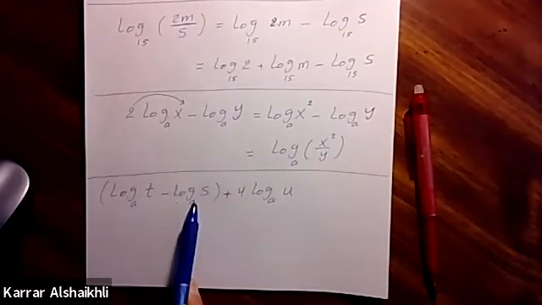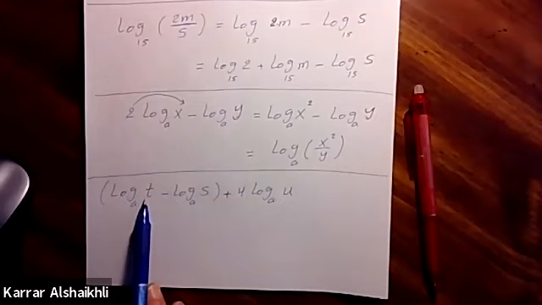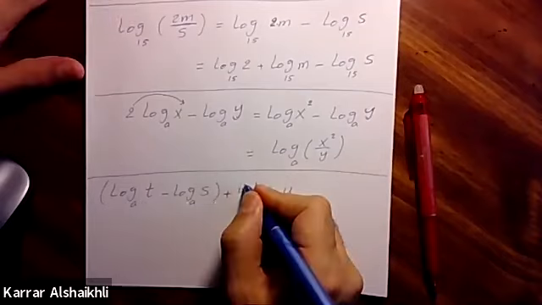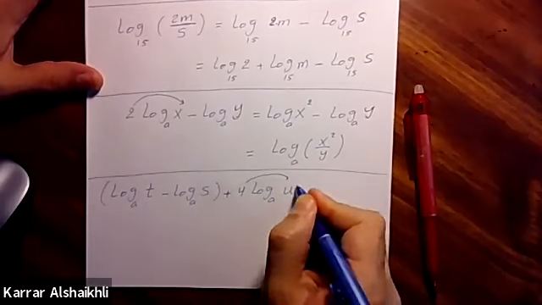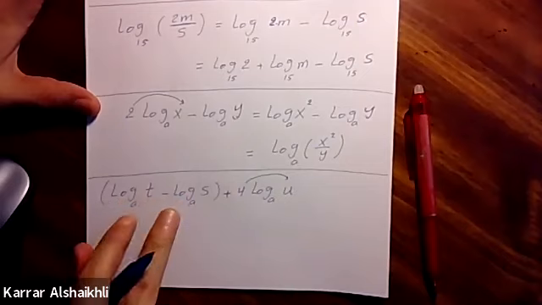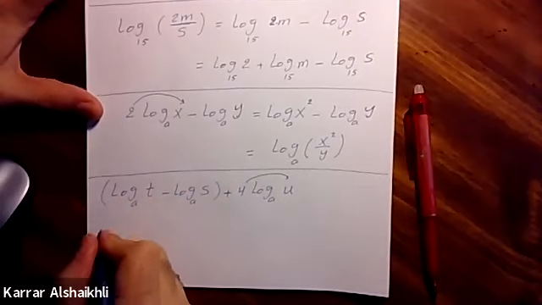First of all, they put these in parentheses, which means they're telling you to work on this one first. On the second part, there is a number in front of the log, so this number is an exponent. And I have minus between 2 logs, so this minus is going to be a division.